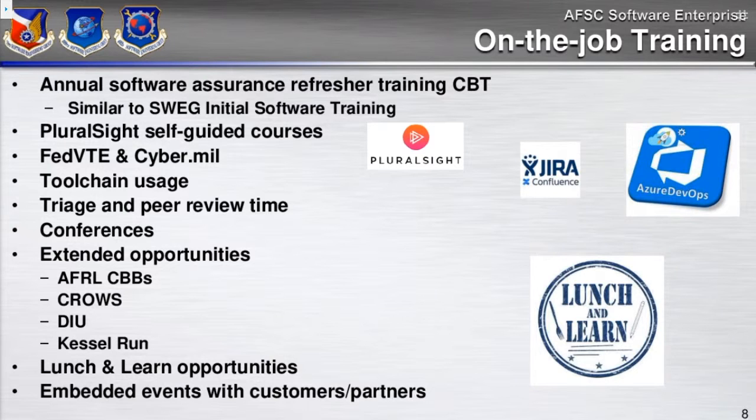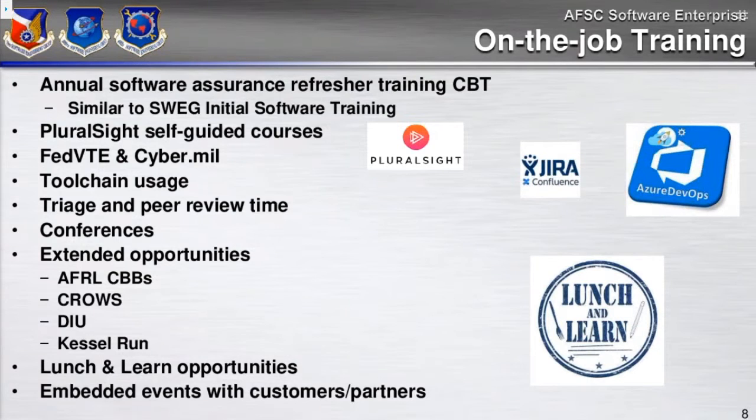We have the CROWS as well, the Cyber Resiliency Office for Weapons Systems. We've embedded a few folks in there. We have DIU, which, back when we started, was DIUx because it was experimental. We embedded some folks in there for about 6 months. I believe they worked out of Boston for DIUx and Kessel Run.